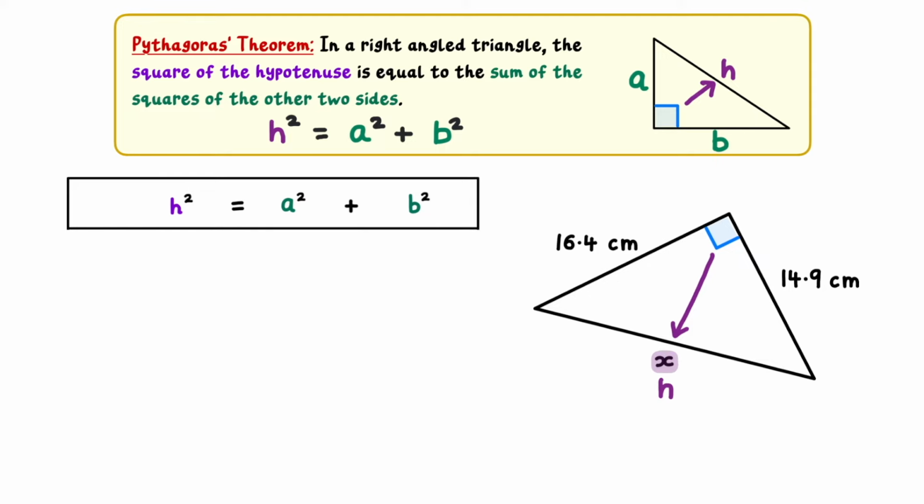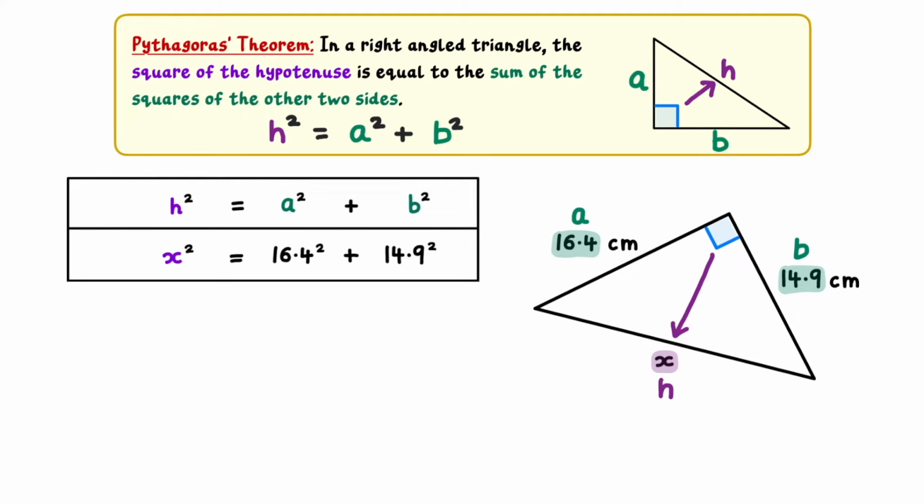The other two sides get labelled with a and b. Here we can set a equal to 16.4 and b equal to 14.9. Putting these values into the statement of the theorem tells us that x squared equals 16.4 squared plus 14.9 squared.